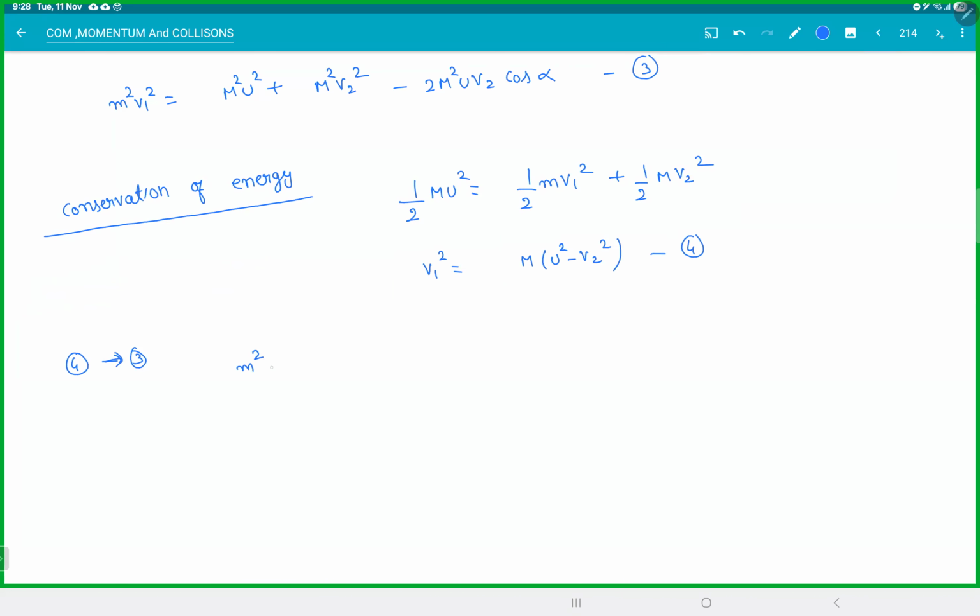That would be m square, m into u square minus v2 square. There, you get something of this sort. Bring all v2s together.